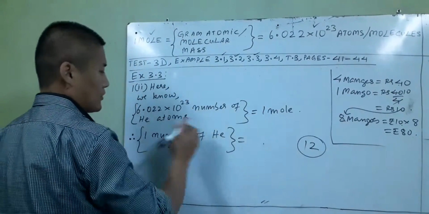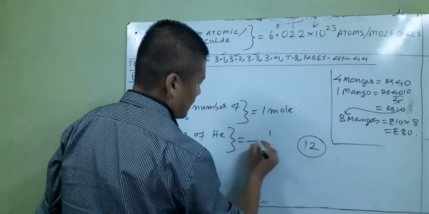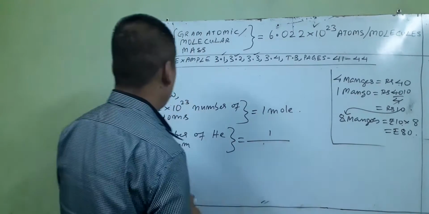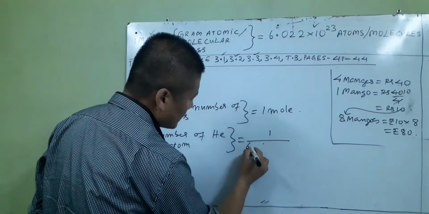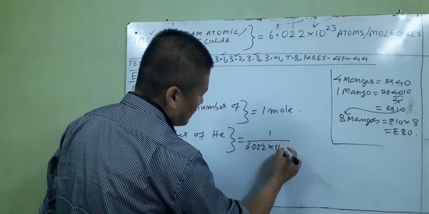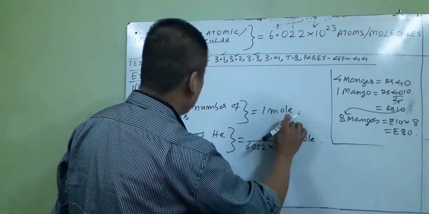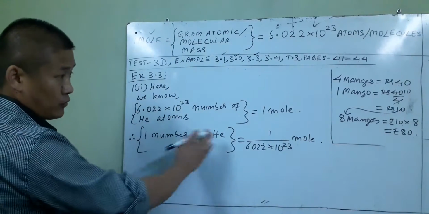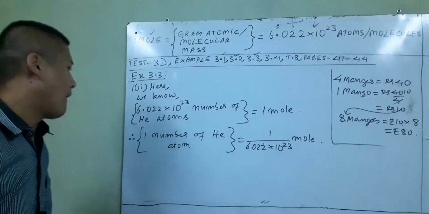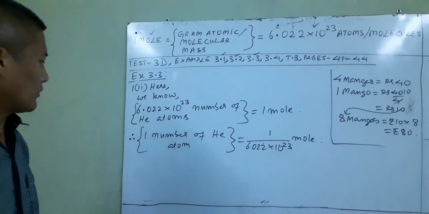So right is 1 divided by left here, 6.022 into 10 to the power 23, and whatever you need on the right, we'll write that. Not this atoms, we write that right unit, okay? Left unit on the left, right unit on the right always.